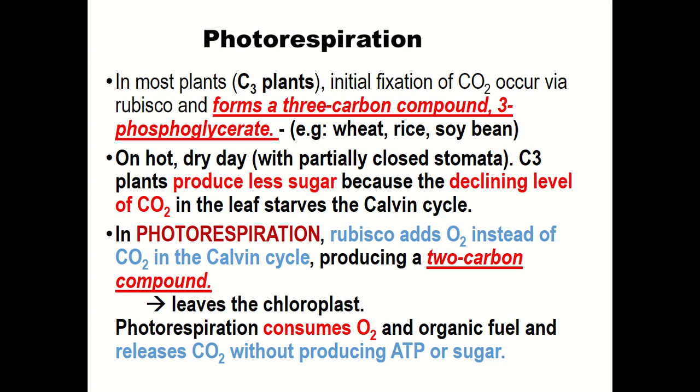and they cannot take up the carbon dioxide, and it will cause the declining level of carbon dioxide in the leaf that will later starve the Calvin cycle. So instead of the Calvin cycle, photorespiration will take place, in which Rubisco will add oxygen instead of carbon dioxide in the Calvin cycle, producing 2-carbon compounds instead of 3-carbon compounds, and that will later leave the chloroplast.